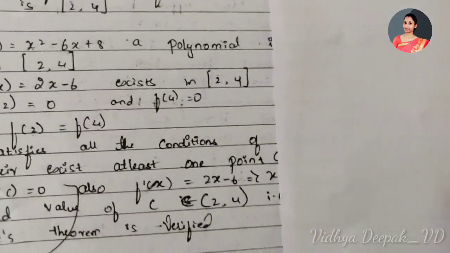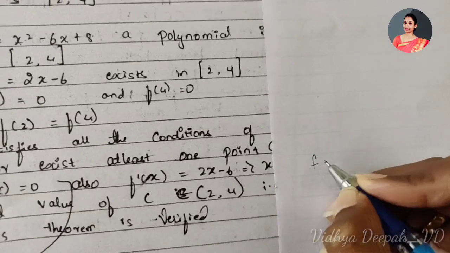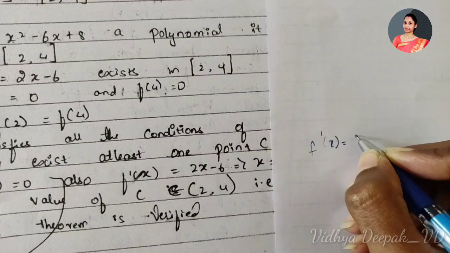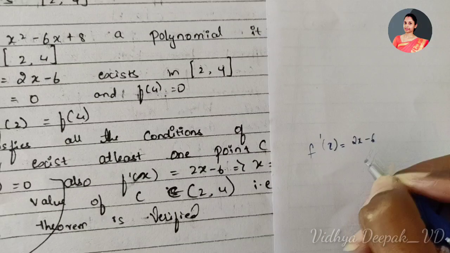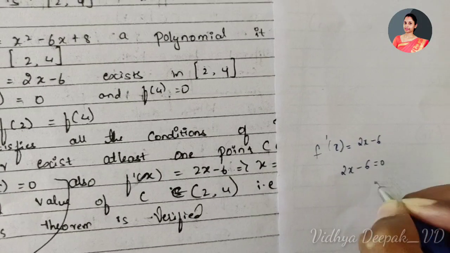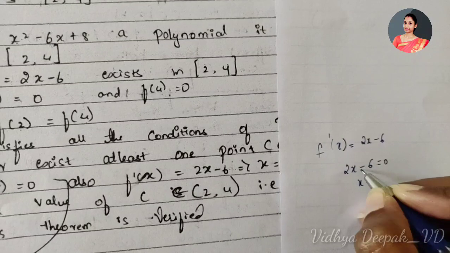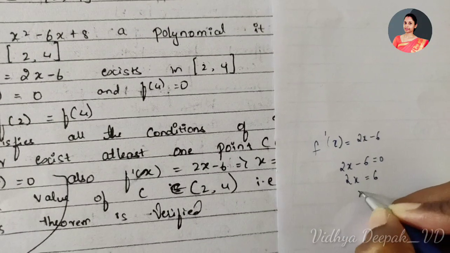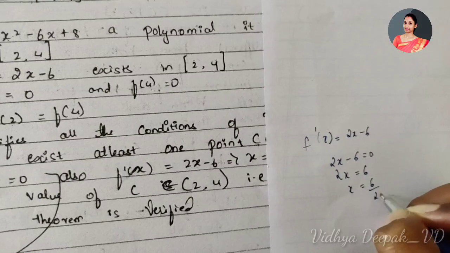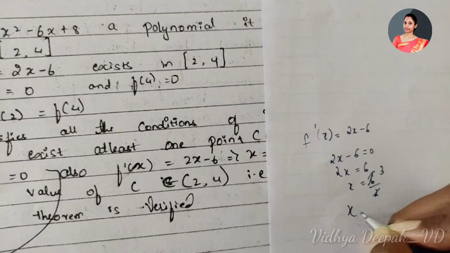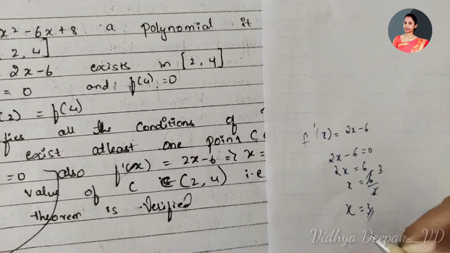We have f dash of x is equal to 2x minus 6. If I take 2x minus 6 is equal to 0, what is the x value? This becomes plus 6. 2x is equal to 6. x is equal to 6 by 2. That means x is equal to 3 is the value.